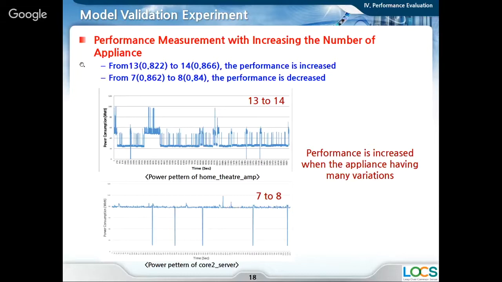So you can easily check the shape of the patterns. When the performance increased, the pattern of the added appliance was a fluctuating shape, but in the other case the pattern was very simple. So the performance increases when the appliances have many variations.